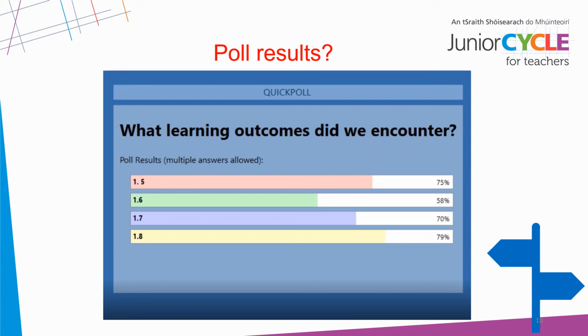And you can see there for yourself that 79% said 1.8, 75% 1.5, 70% 1.7 and 58% 1.6. So as we can see, the learning outcomes from the working with evidence element of the history specification are very much in evidence in the work of the historian, as illustrated by Michael.